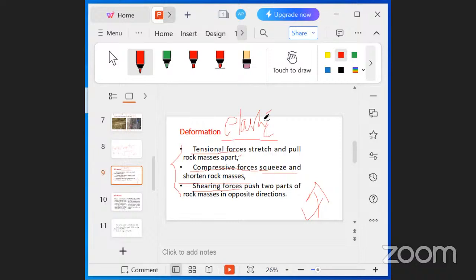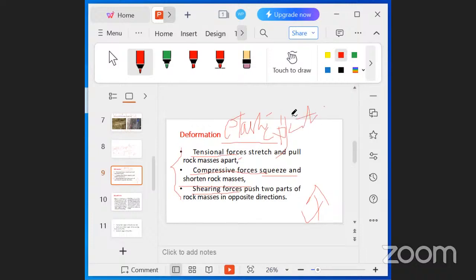Elastic limit. Now the deformation is plastic. This is elastic, this is plastic. When the stress exceeds the elastic limit, the body only partially returns to its original shape, even if the stress is withdrawn.